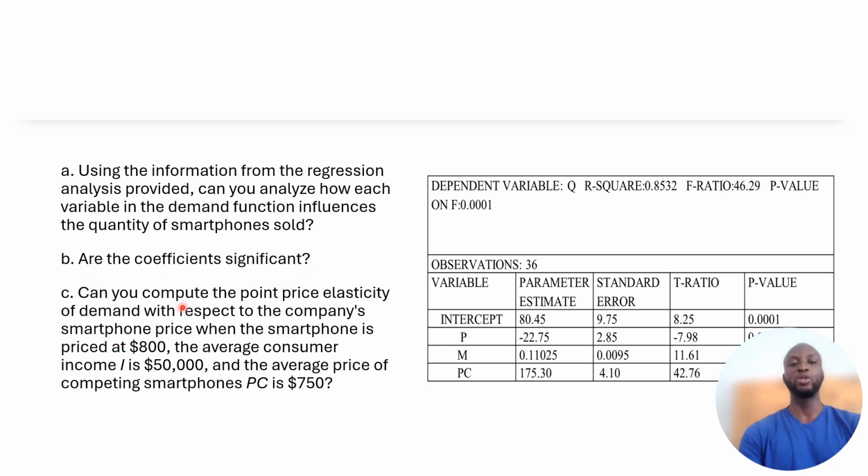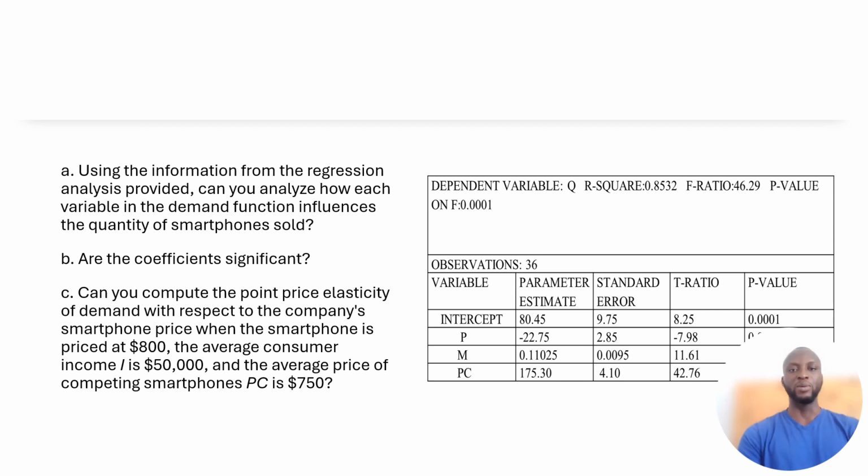And C, can you compute the point price elasticity of demand when the smartphone is priced at $800, the average consumer income is 50,000, and the average price of competing smartphones is 750? Okay, now let's see how we're going to interpret this result.